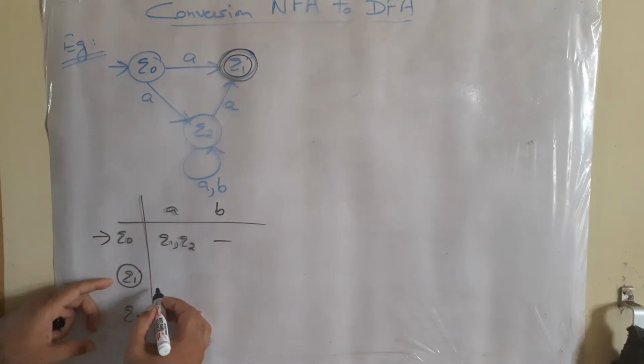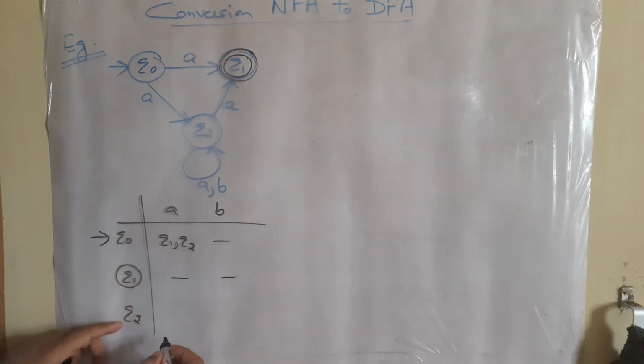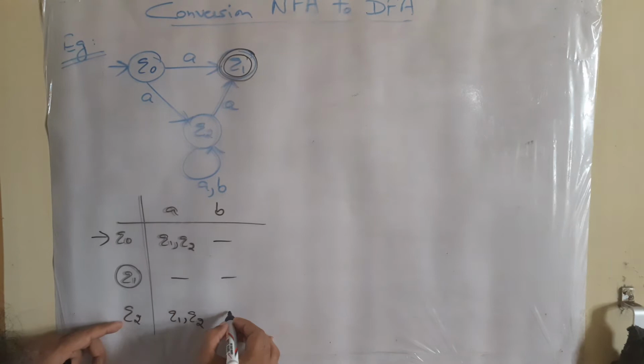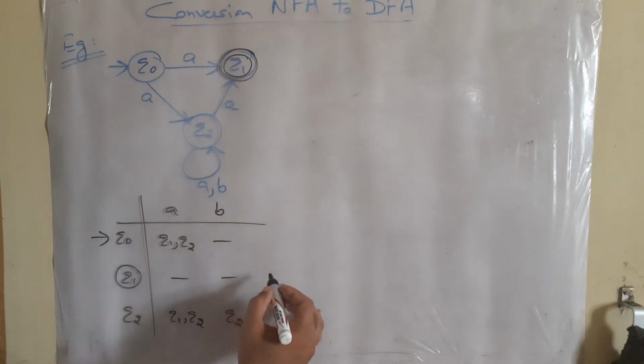With respect to Q2, we are able to move to Q1 as well as Q2. With respect to B, we remain at Q2. So this is the transition table for the given question.